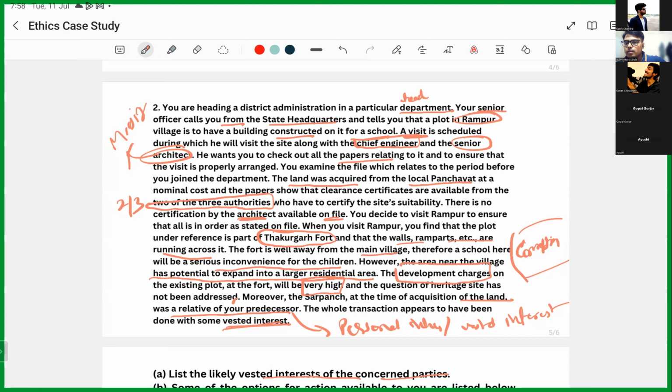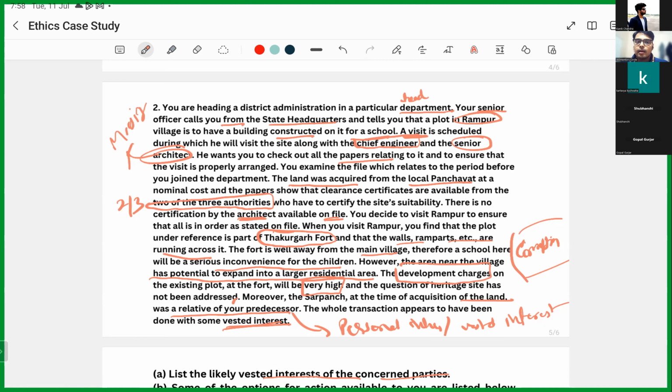Sir, a conflict of interest can also come out. Good. But what is the vested interest in it? Sir, nepotism, corruption. Good. Nepotism, personal bias, collusive corruption.